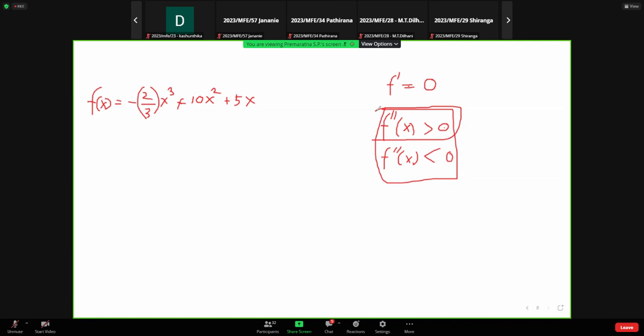Then you can find the value where the border or turning point comes. So first differentiation, send me the answer, then we will go on. We will continue.